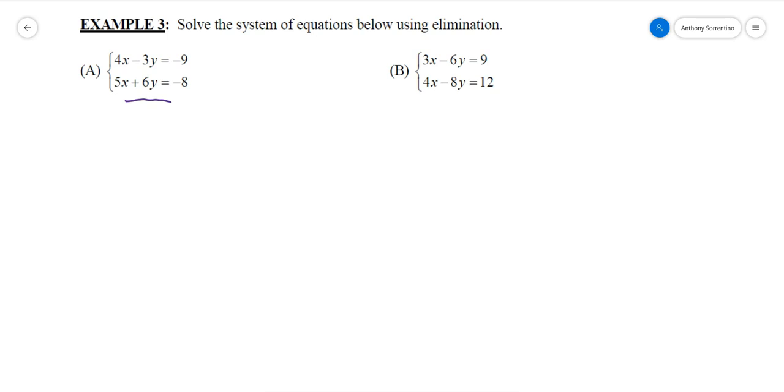For elimination, and the reason why it's also known as the linear combination method, is because if I add two equations together, if there's a true solution for both of these equations in A, if I add them together, I would get yet another equation that should share the same solution.